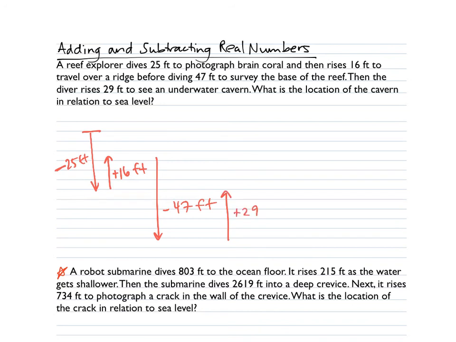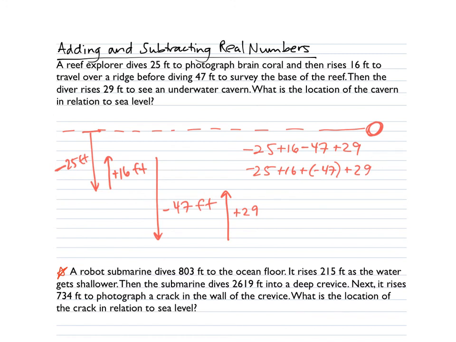What's the location of the cavern in relation to the sea level? So here is my sea level. If this is 0, then what you're just going to do is go minus 25 plus 16 minus 47 plus 29. And I think they want you to write this as negative 25 plus 16 plus negative 47 plus 29. But this is the same thing, remember. Adding a negative is the same as subtracting.